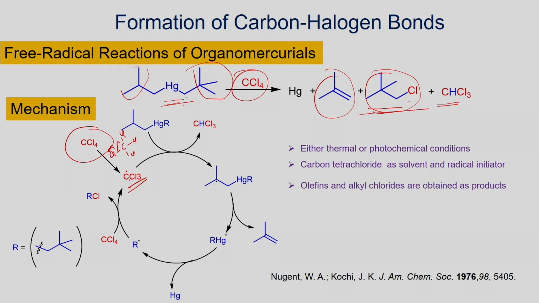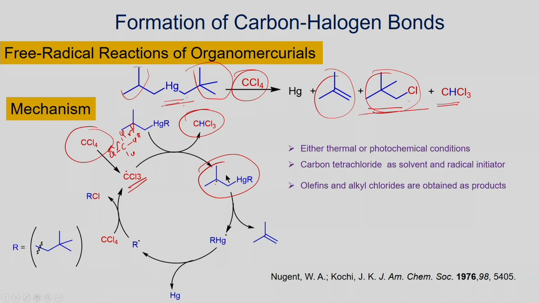Once you form this radical, it can react with your substrate as shown here, abstract this hydrogen, and form this tertiary radical, where you generate chloroform as the product.